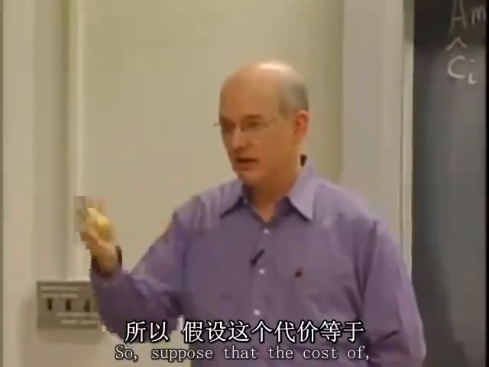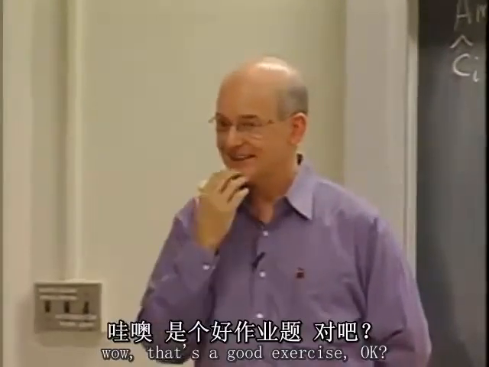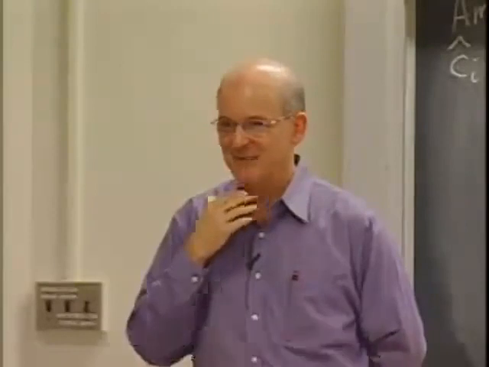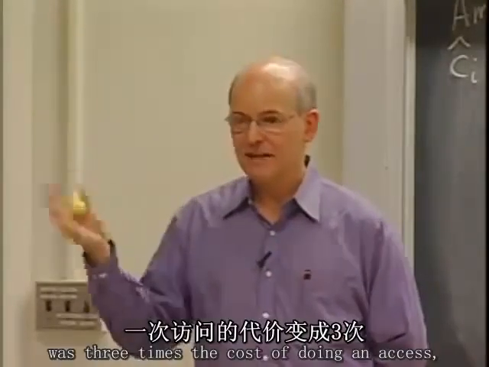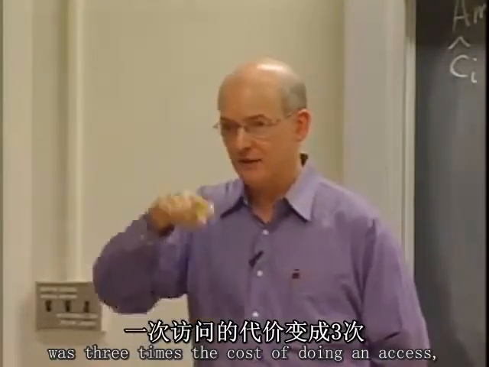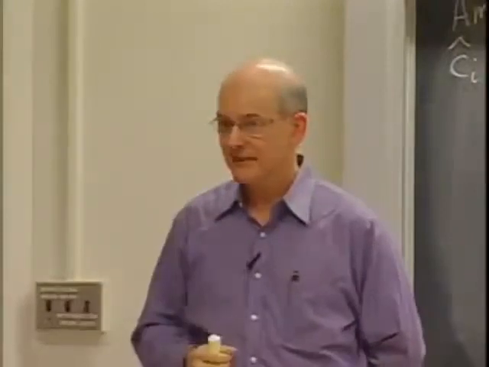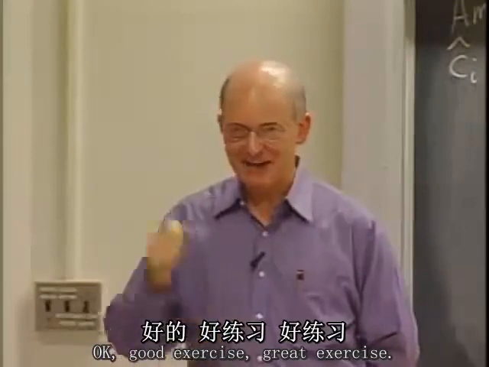Suppose the cost of doing a transpose was 3 times the cost of doing an access, following a pointer. How would that change the number here? Good exercise.